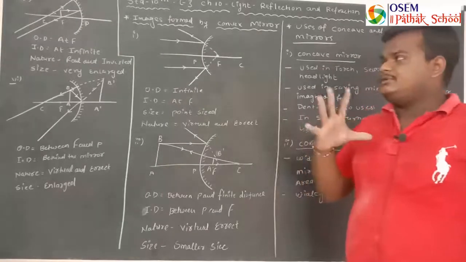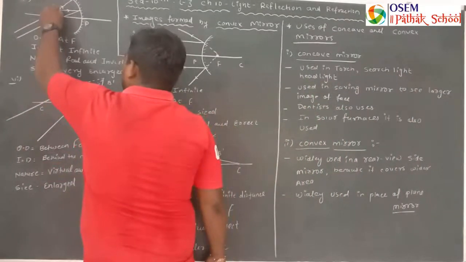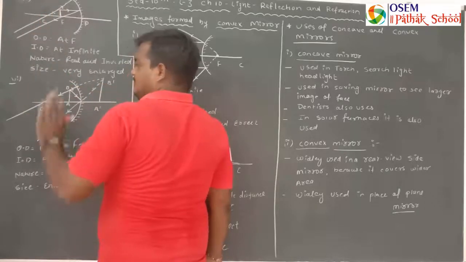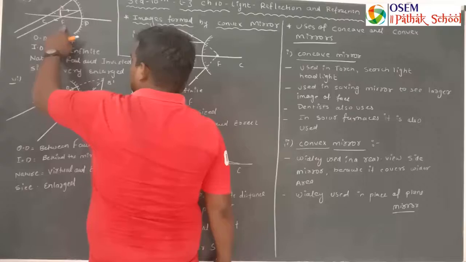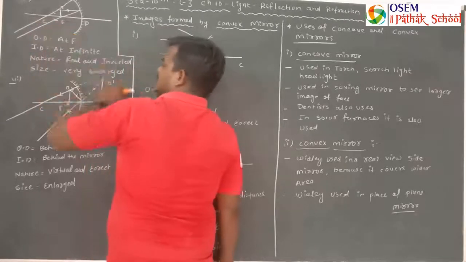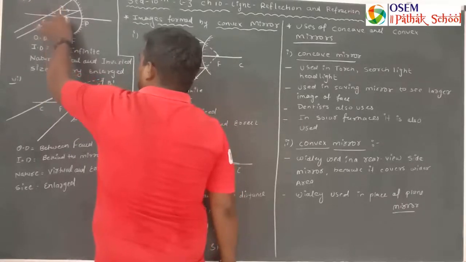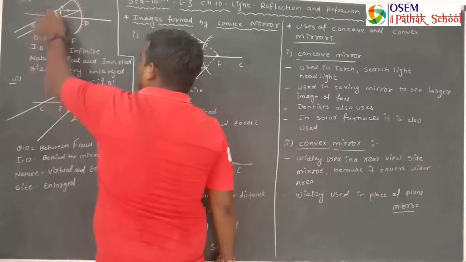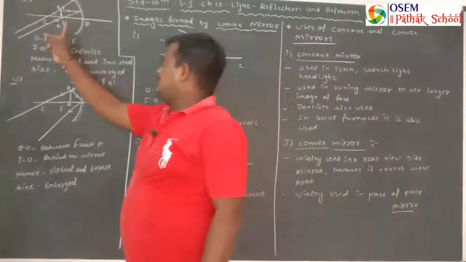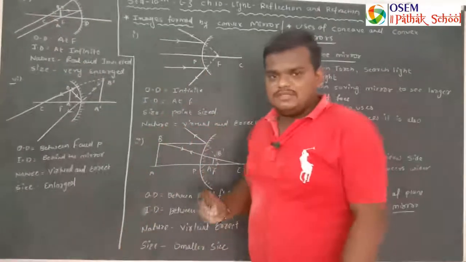Now the 5th position. In the 4th case we had placed the object between C and F. Now in the 5th case the object is placed at F. This is my object AB, placed at the focus point.